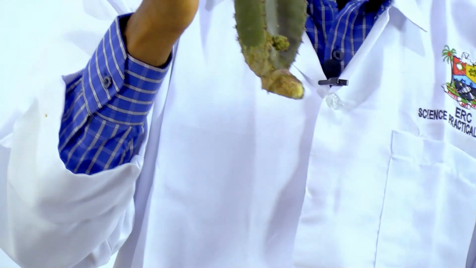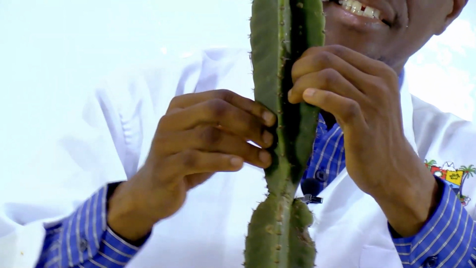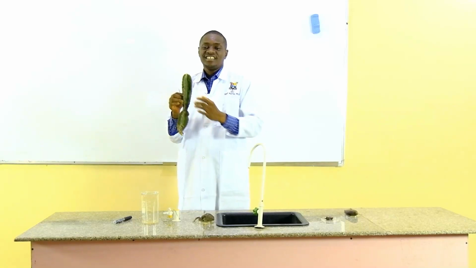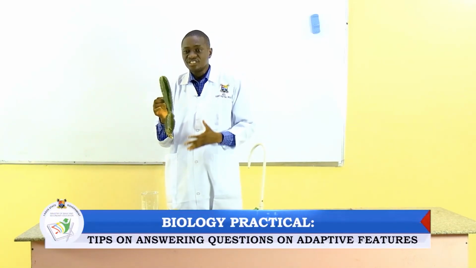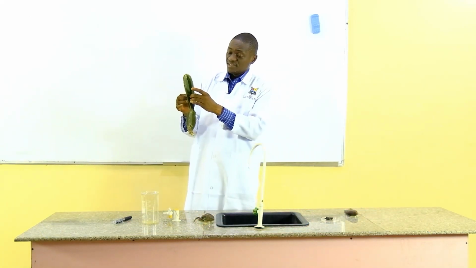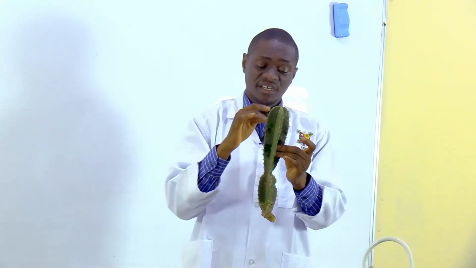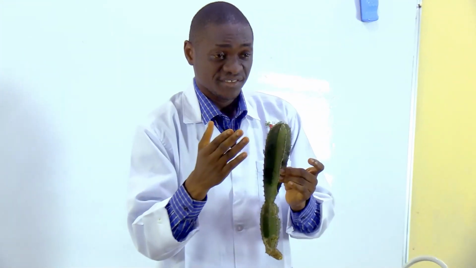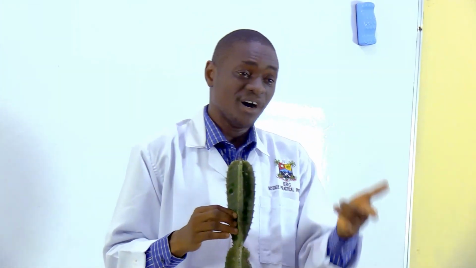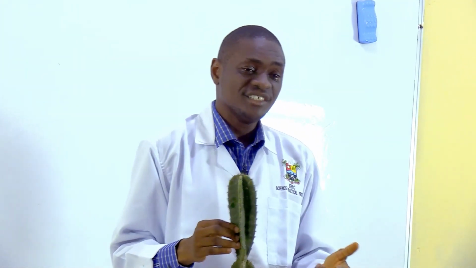Then number two, you can see that the stem is succulent. The stem is succulent. Why? Also to conserve water. Number three, the stem, as you can see, it's what in color? Green. So in essence, when you hear green in plants, in biology, what will come to your mind?